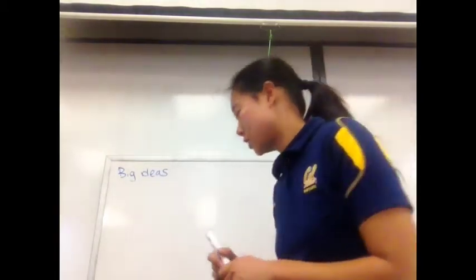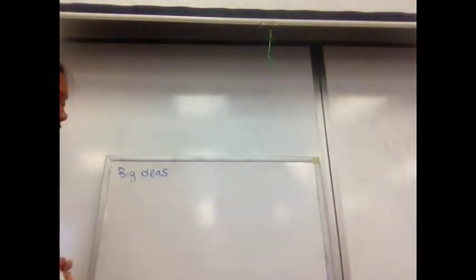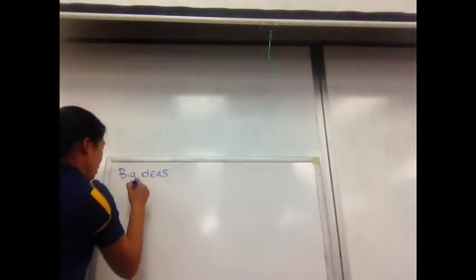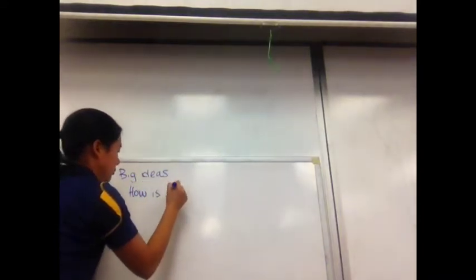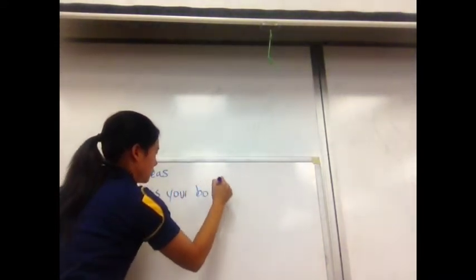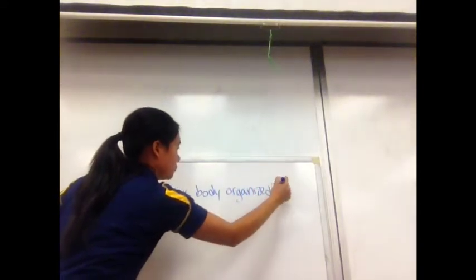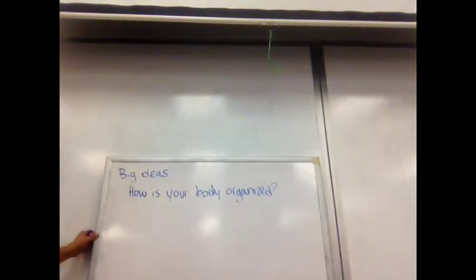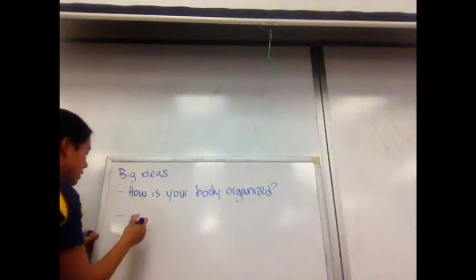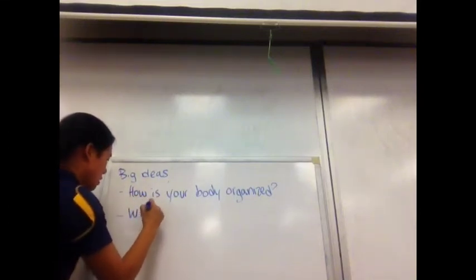So your big ideas for today, what you want to take away by the end of today, is how is your body organized? We also want to look at the idea of what is homeostasis.